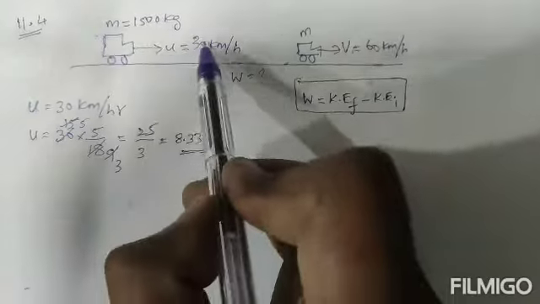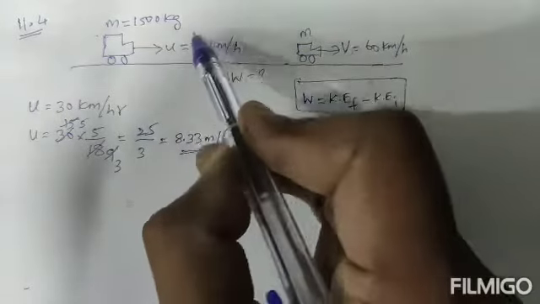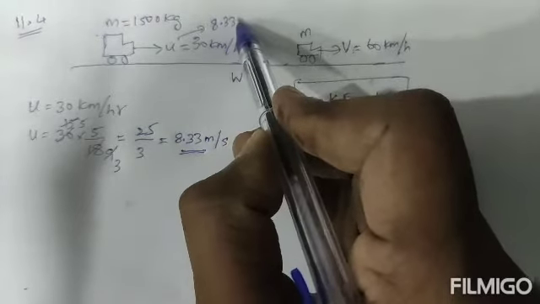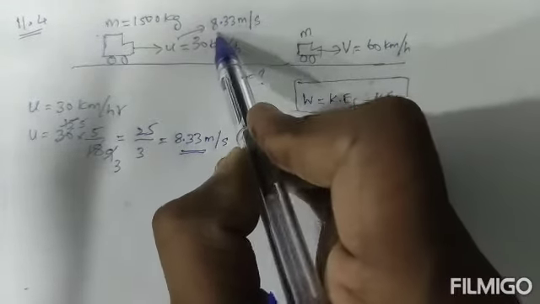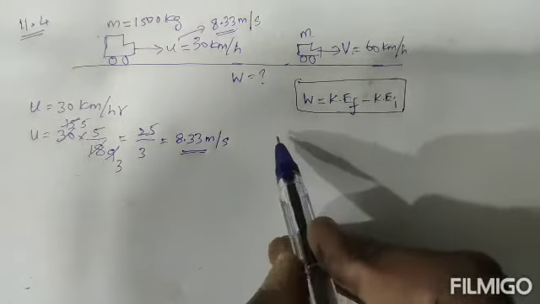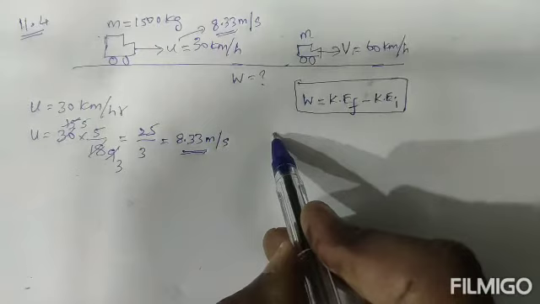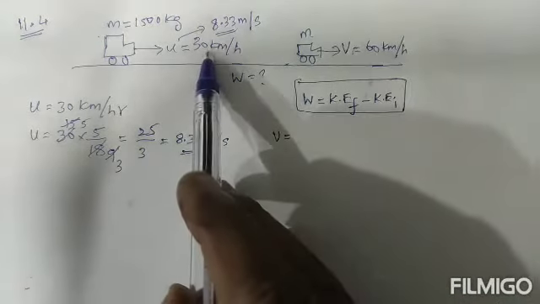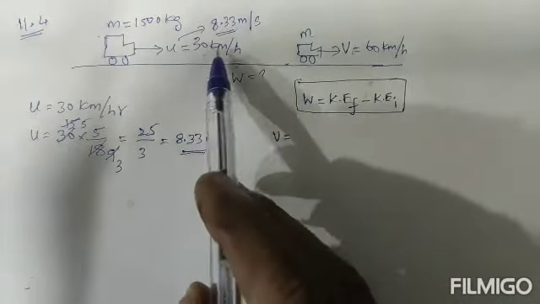That means this initial velocity is equal to 8.33 meter per second. Like that I can calculate the final velocity also. The initial velocity is 30 km per hour, but the final velocity is 60, so it is doubled.